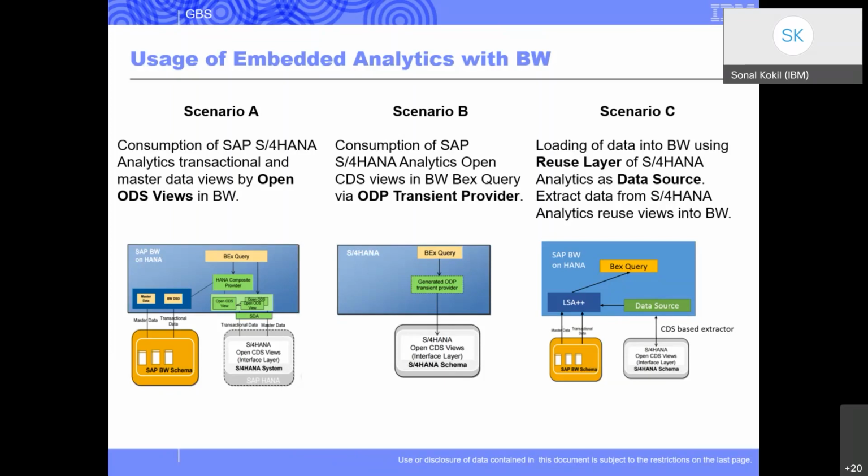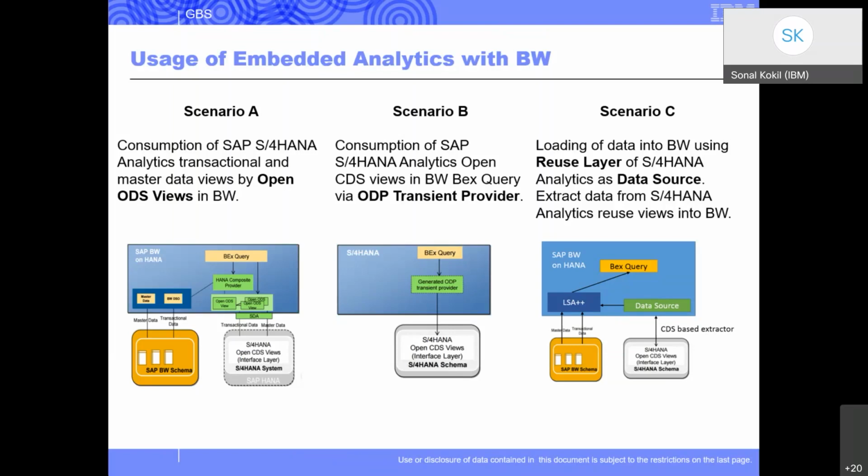So I'll just jump to the next scenario where you can create a data source on top of your CDS view and consume that in BW. Say you're using the standard C_SalesOrder CDS view.